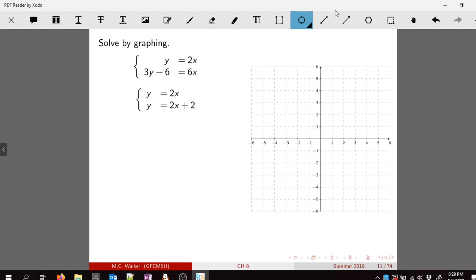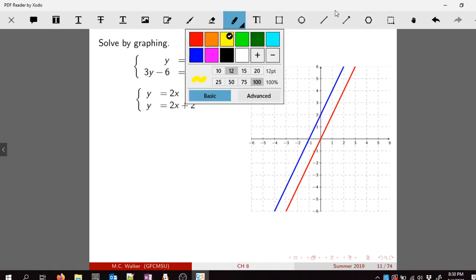What about this case? We have y is equal to 2x, 3y minus 6 is equal to 6. Let's get them into slope-intercept form, and then let's graph them. Uh-oh.